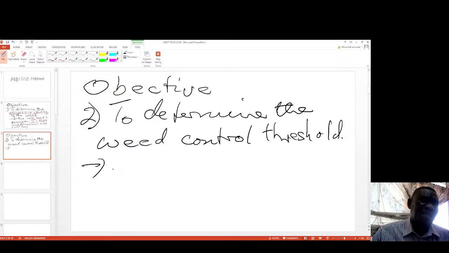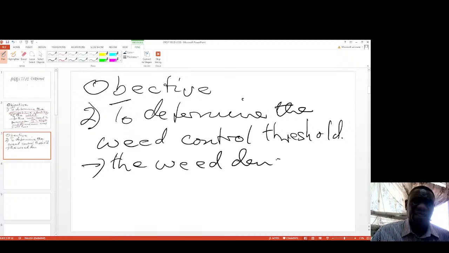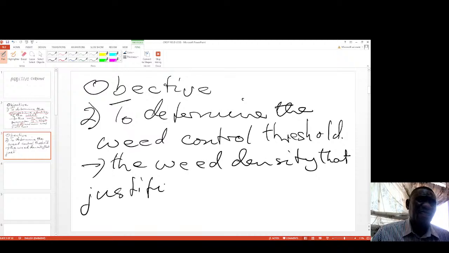This is the weed density that justifies weed control.